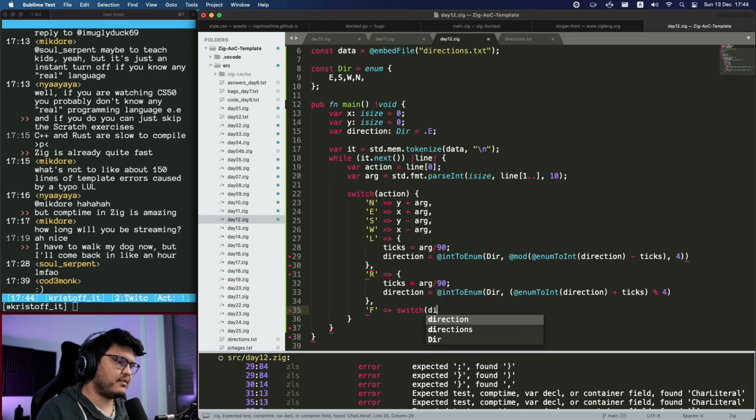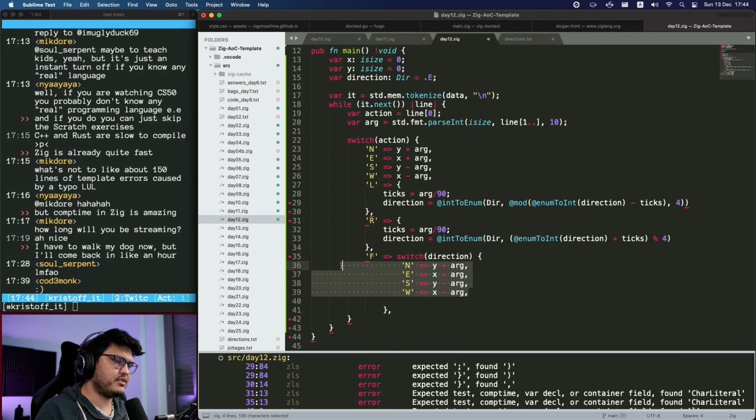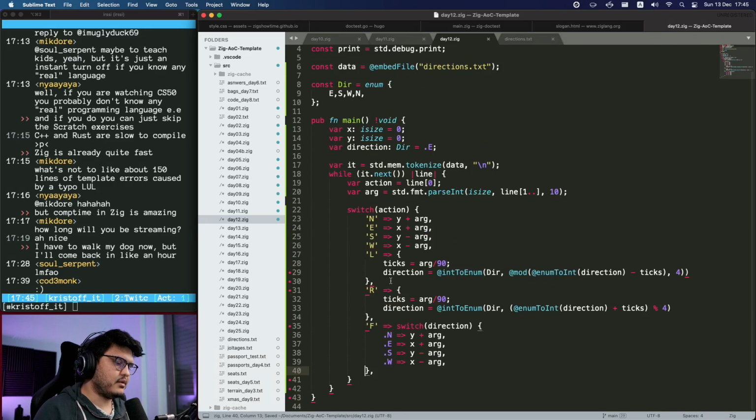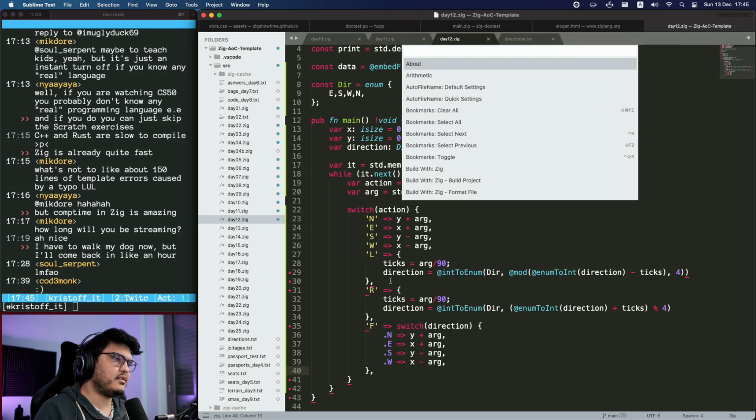Let's switch the current direction, and based on the current direction, we move. And here the cases are these basically. Actually, this should go back. I feel so bad that I don't have the indentation.